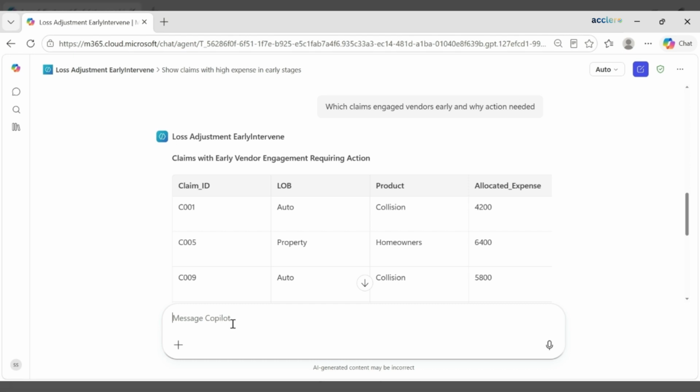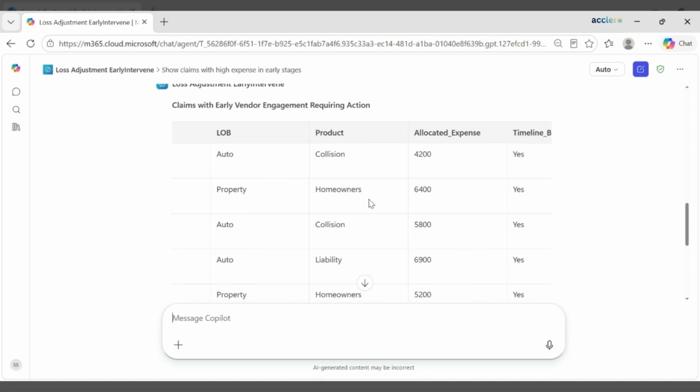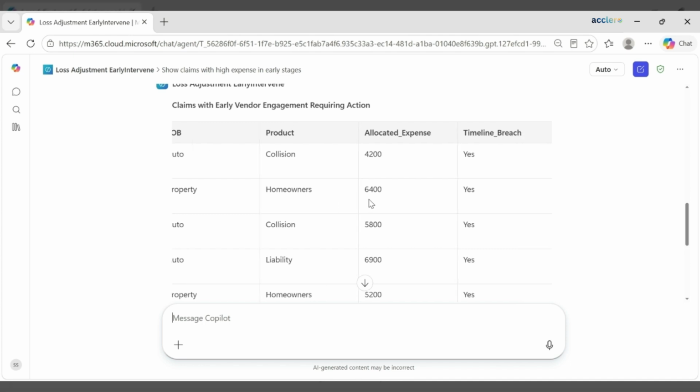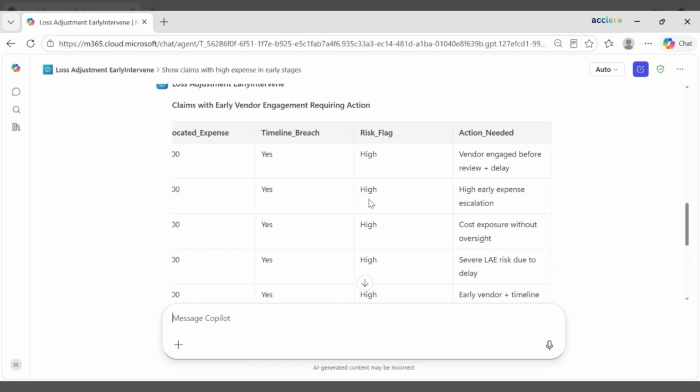Here I ask the agent to show the high risk claims, or the claims which are engaged early, and why action is needed for this. So these claims are flagged as high risk, with significant expense exposure and timeline breach.